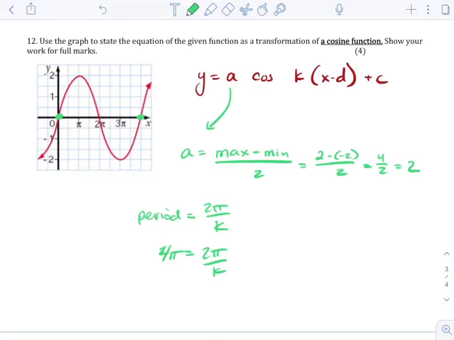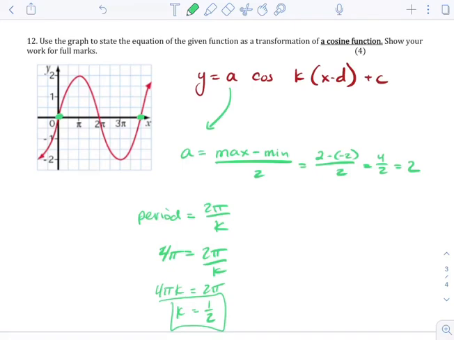Multiply both sides by k, we get 4 pi k is equal to 2 pi. And divide by 4 pi, we get k is equal to a half.